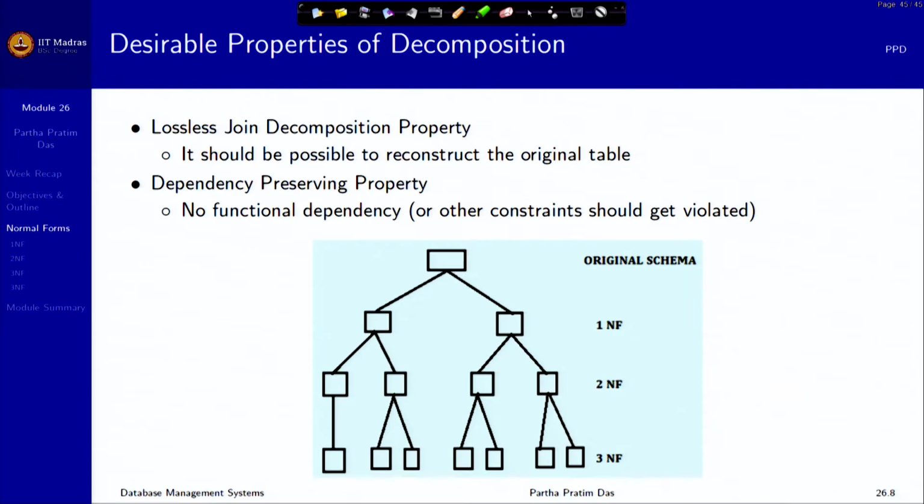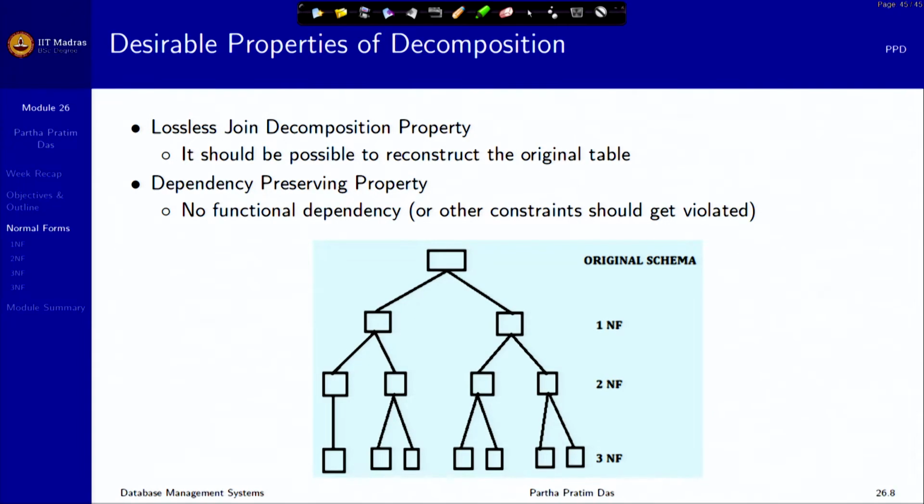But it may not be enough for a particular relation, and if you still have redundancy, then you may have to put additional conditions, additional properties and decompose it further, and this goes on. In this tree we have shown up to the third normal form.